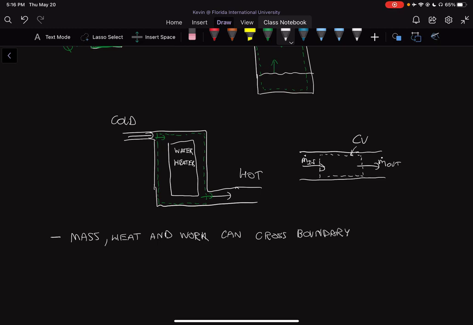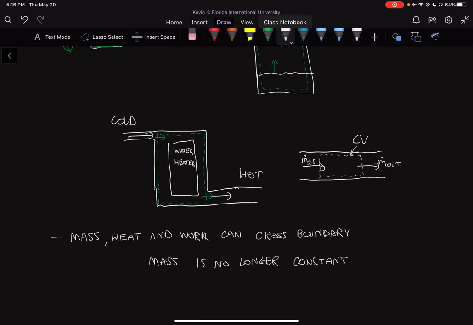And what this means is that mass is no longer constant. In some cases, the mass in the system will be constant, but in other cases, the mass might be changing, just as when we fill a tank.